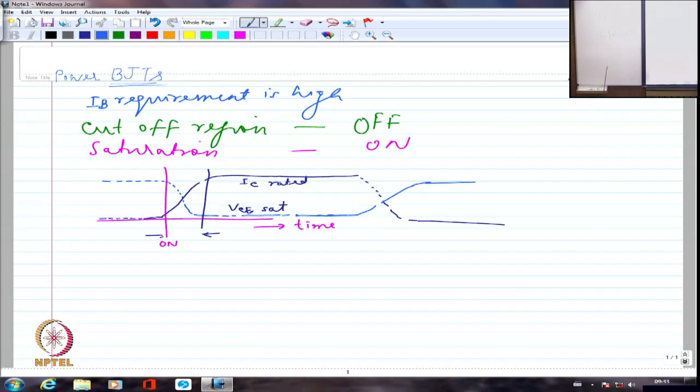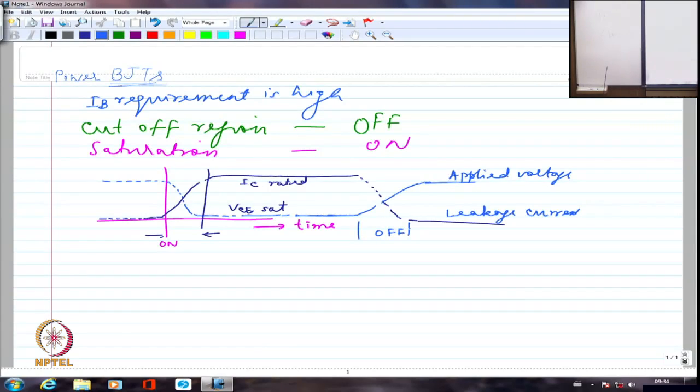So this will be during the off condition. This is the applied voltage across the collector and emitter junction, whereas this is going to be the leakage current, right? So this is during the off condition.